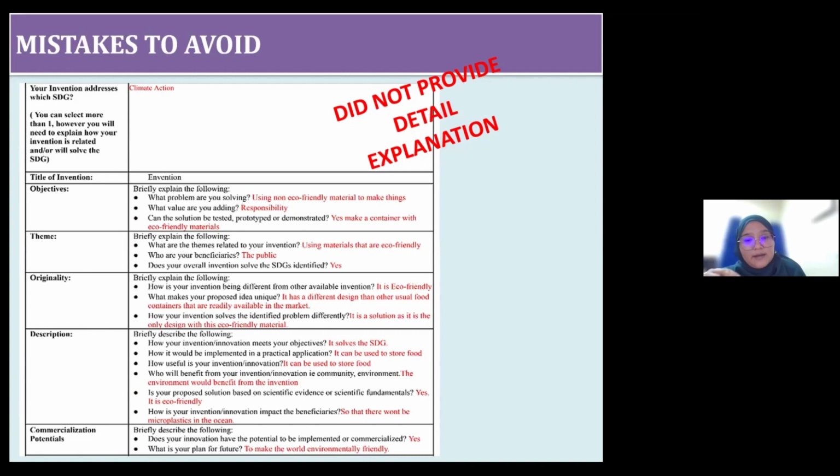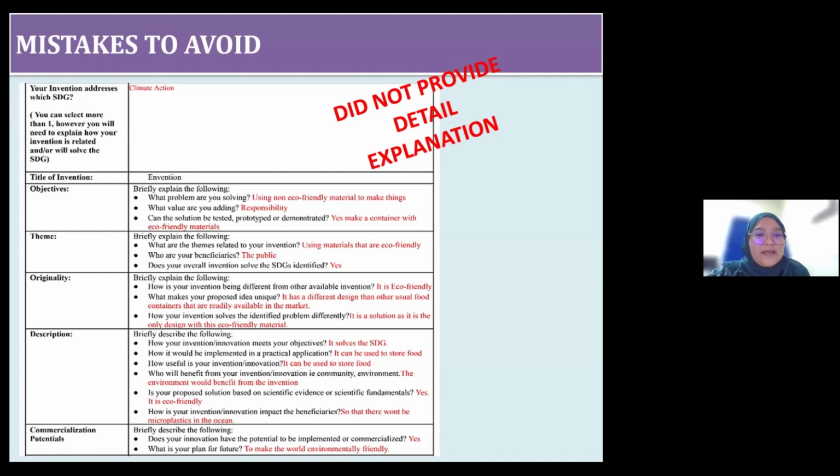I said yes, you are allowed to, but not as simply as the one I'm showing you right now. Looking at this, it is a mistake that the previous group made, where they did not provide a detailed explanation. They answered, but they did not elaborate or give any justification for the questions that we asked in the proposal.